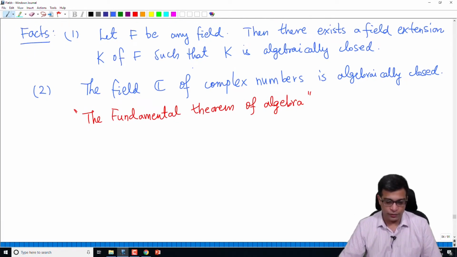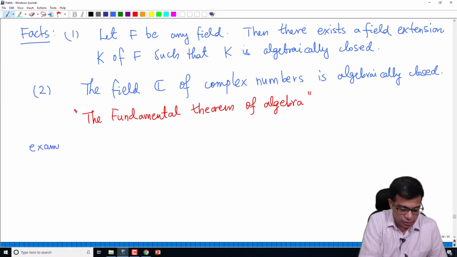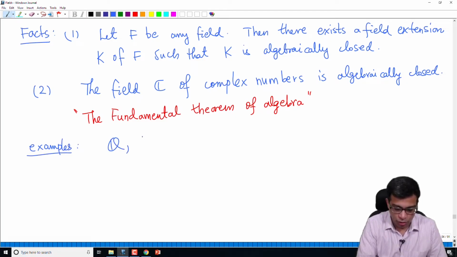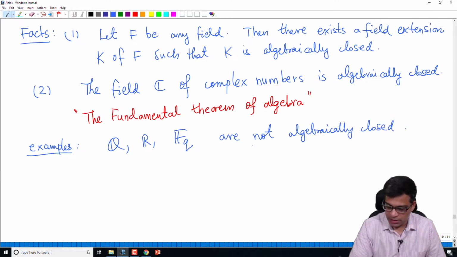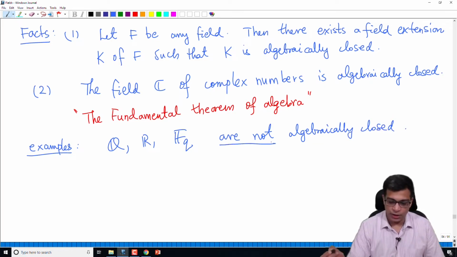These two facts we will use, and as examples of non-algebraically closed fields, we immediately see that Q, R, Z mod pZ, more generally F_q, are not algebraically closed. These are standard fields that we study, but they are not algebraically closed.